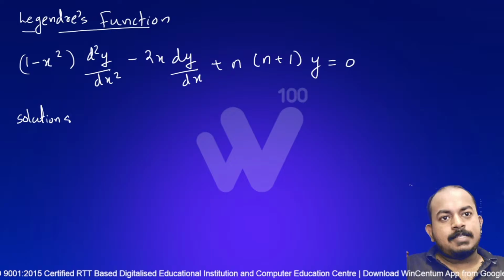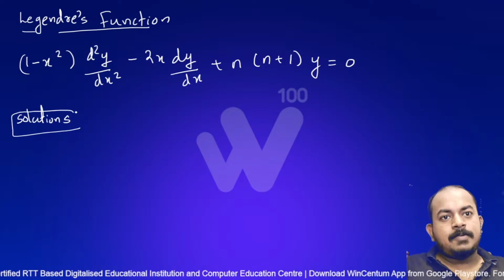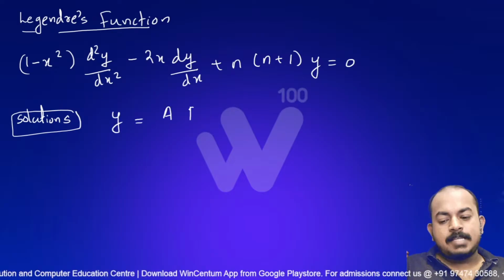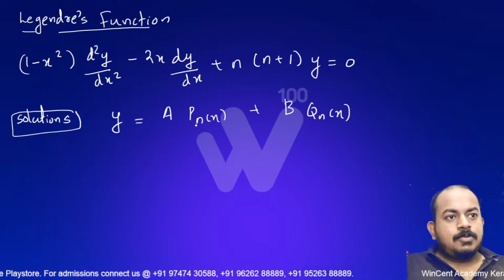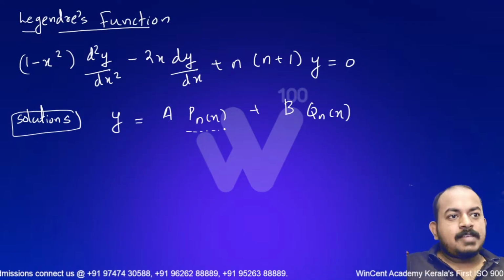Its solutions are, okay, we can write y equal to a times Pn of x plus b times Qn of x. So this Pn of x and Qn of x are generally known as the Legendre's function.